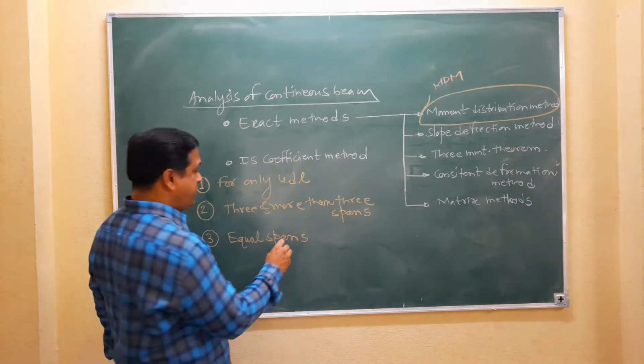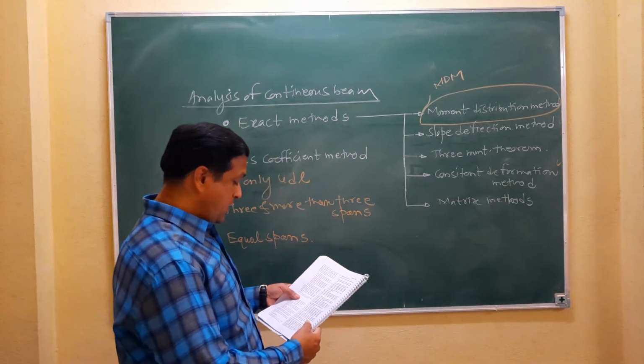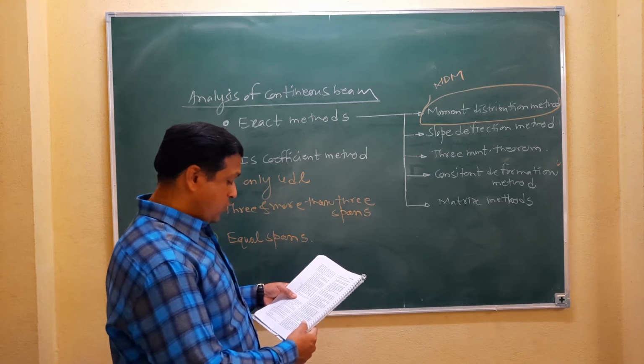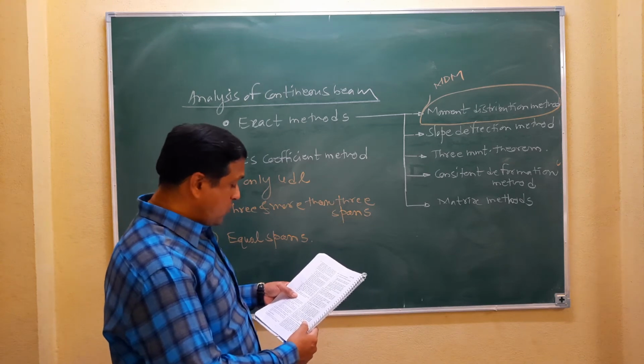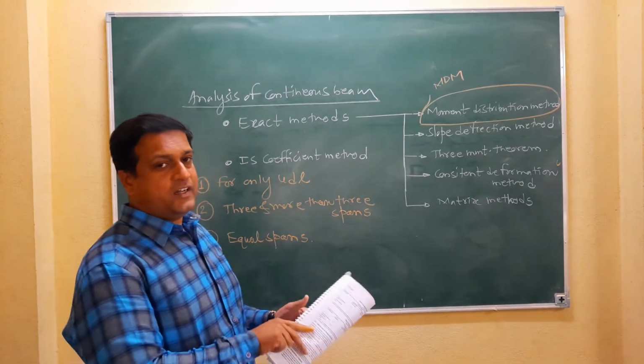But when there is a difference, the IS code clearly says here, 3 or more spans which do not differ by more than 15%.